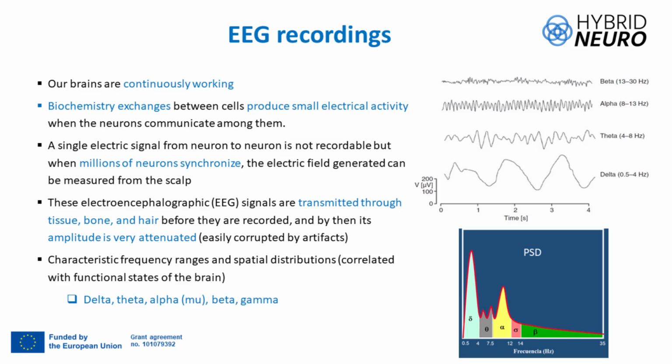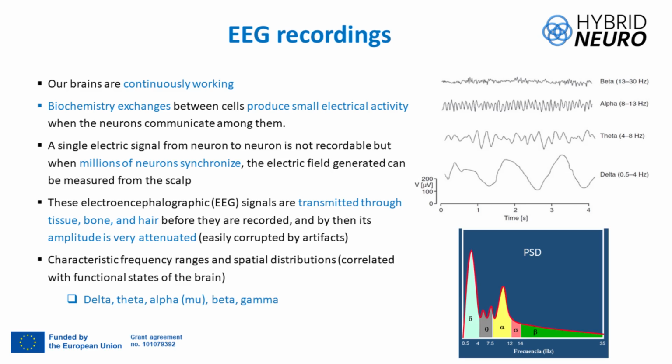In the next slide, we will comment about the number of electrodes that we usually use for the EEG recordings. In any case, we record this EEG activity, and neurophysiologists have recognized different rhythms.